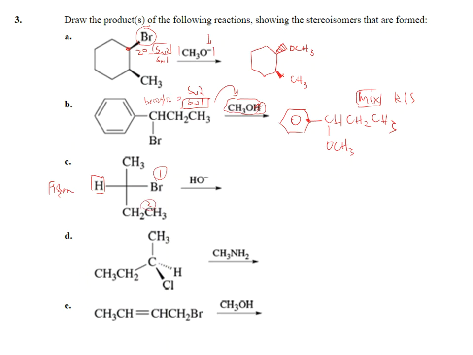So this is group number 2, and this is group number 3. So group number 1, group number 2, group number 3. Look at that. That is clockwise, isn't it? So traditionally, this would be R, but because hydrogen is on a horizontal bond, we flip it, and we need S. That is the S position right there.